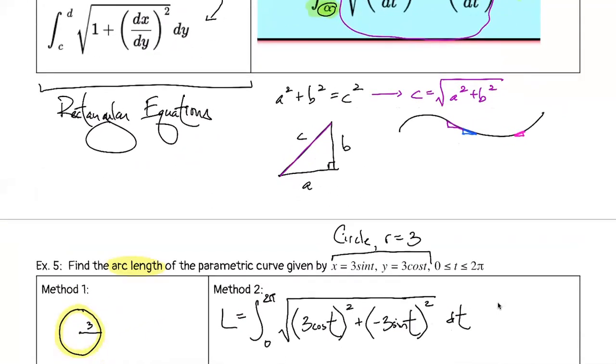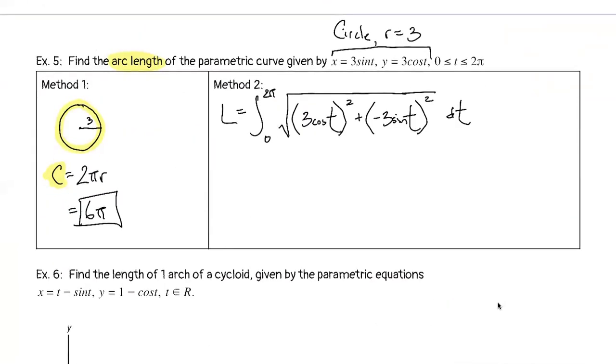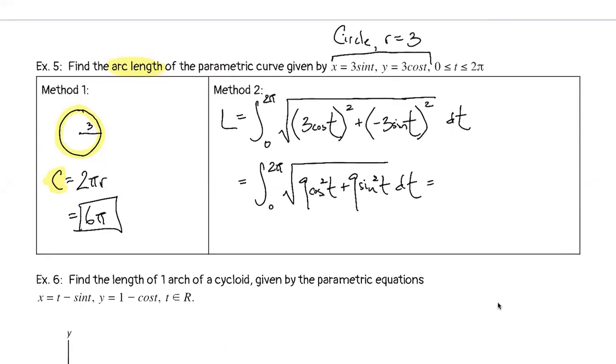So let's simplify now. If we simplify, we end up with the integral from 0 to 2 pi of the square root of 9 cosine squared t plus 9 sine squared t dt, which is pretty wonderful because I notice that both terms have a 9, so I can factor that out.